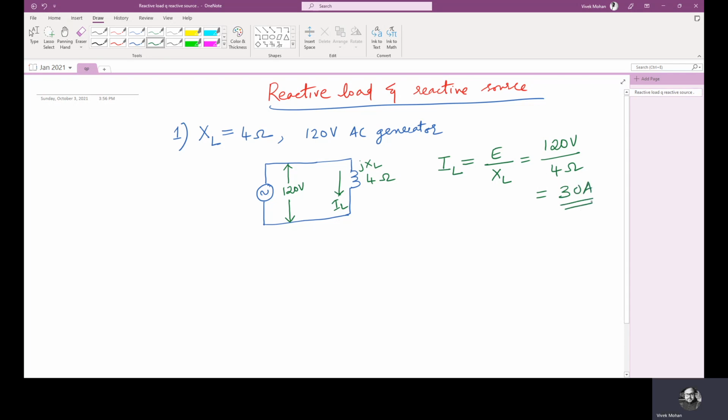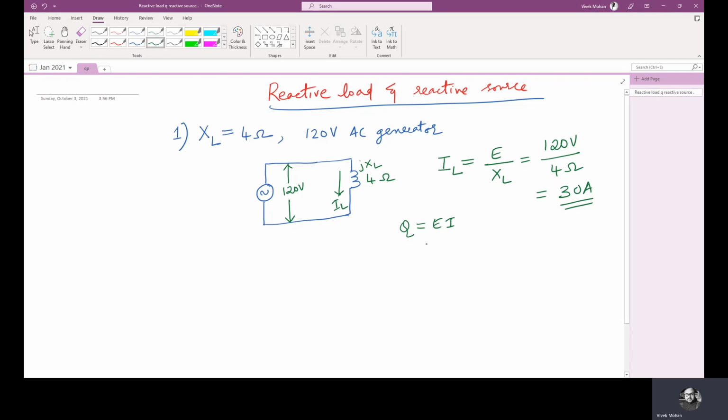30 amps. Now, if you want to find the power associated with the reactor, slowly we are trying to differentiate the reactive load and reactive source. So for that we are trying to find the power associated with the reactor, which I am representing by Q. Q equals E into I, because it's a pure reactor. So even if I just multiply E and I, what I get is in kVAR.